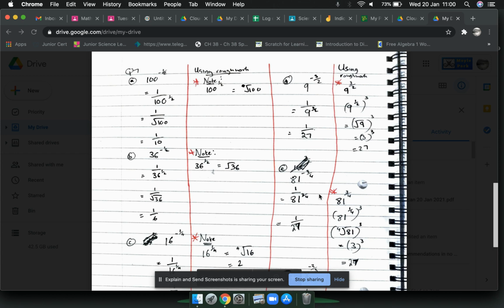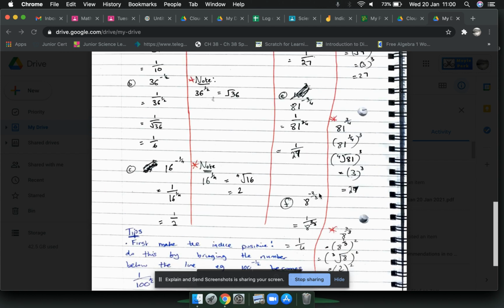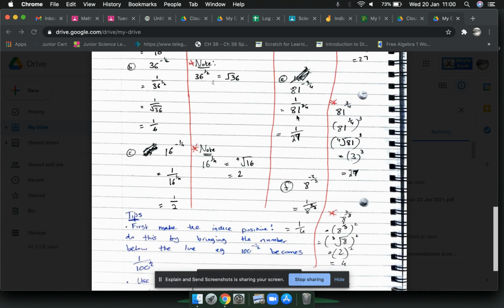So now that we've dealt with the negative sign, the next thing we should do is try to replace this 81 to the power of 3 quarters. Recognize here that 81 to the power of 3 quarters is unsolvable in its own right, so we have to change this. We want a numerator of 1 again, but what we have is 3.